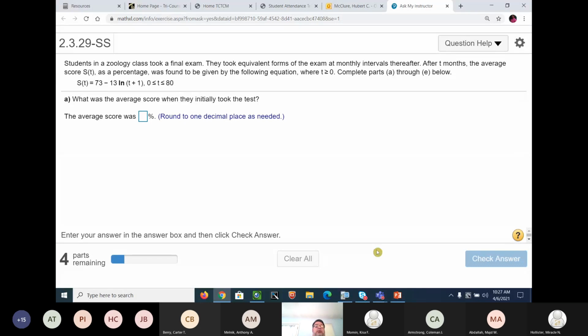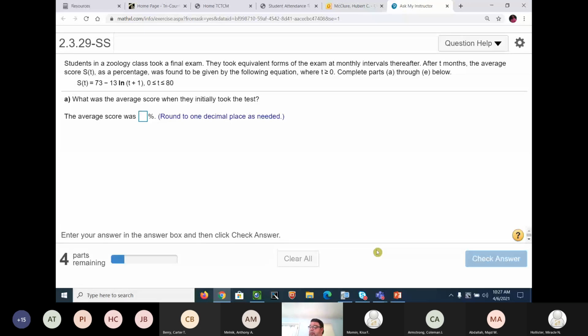Students in a zoology class took a final exam. They took equivalent forms of the exam at monthly intervals thereafter. After t months, where t is equal to months, the average score, S of t, was found to be given by the following equation, where t, which is time, has got to be positive. You can't have -5 months.